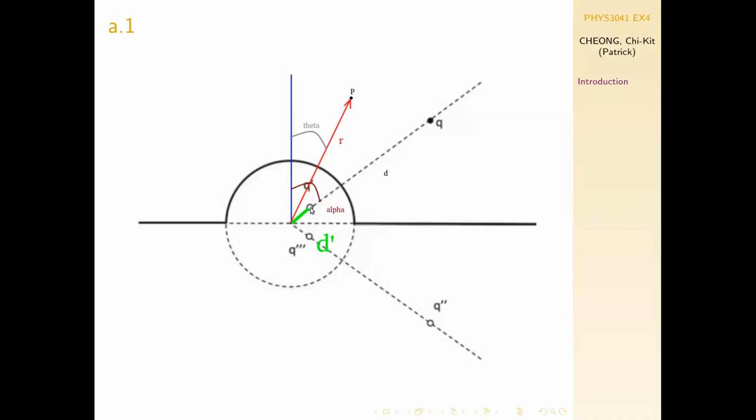And note that the distance between the origin and this image charge Q prime is denoted as D prime. After all this notation, we can move on and try to write down the potential.